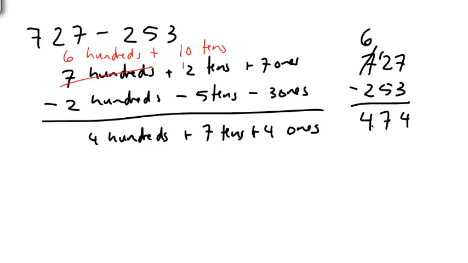And what makes this work is because of the base 10 numbering system. Each column is 10 more than the one to the right of it. And so if you have 10 in one thing, it becomes 1 in the column to the left. That's what carrying is. In this case, if you take 1 away from a column, it becomes 10 in the one to the right. That's what borrowing is.